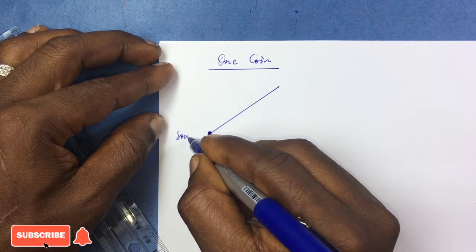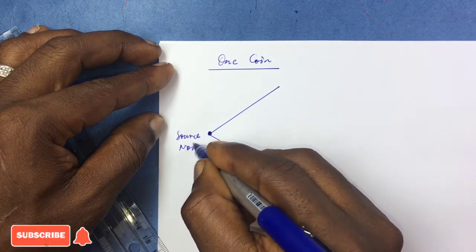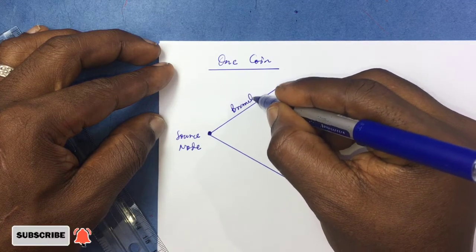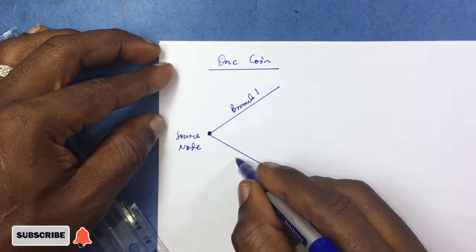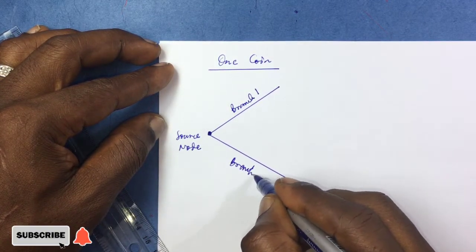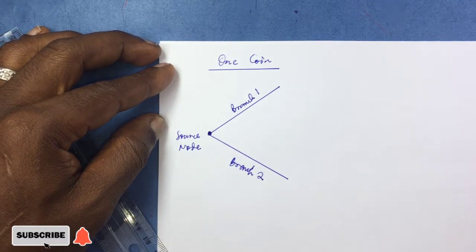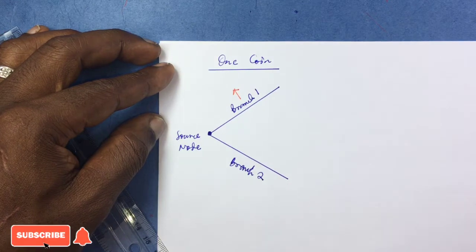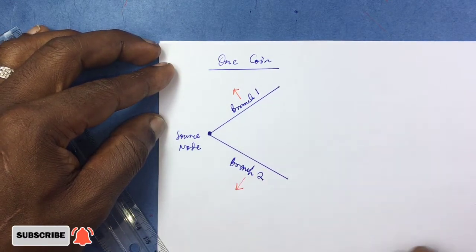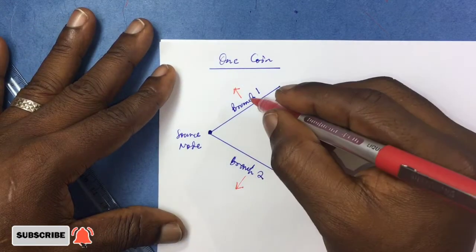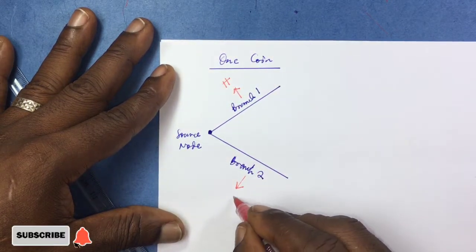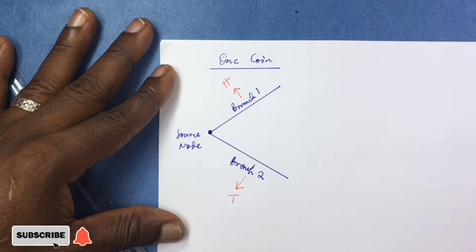If this is your source node, then this will be branch 1, and this will be branch 2. What will branch 1 and branch 2 represent for one coin tossed once? Branch 1 could represent a head and branch 2 could represent a tail.